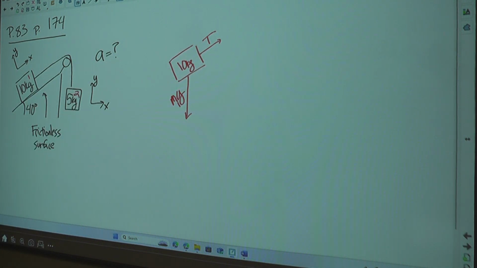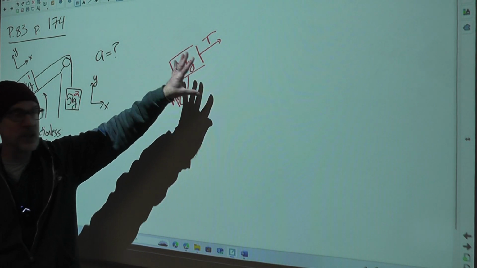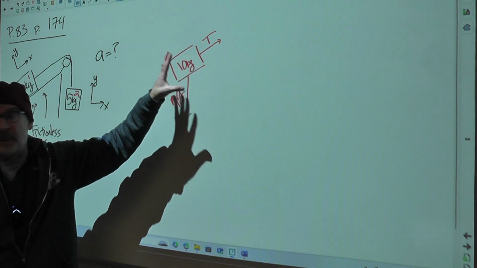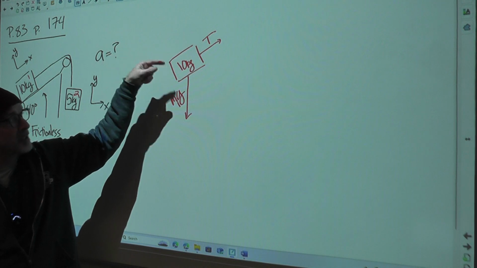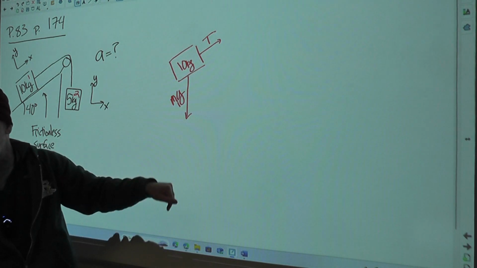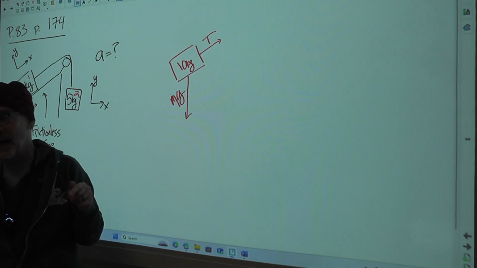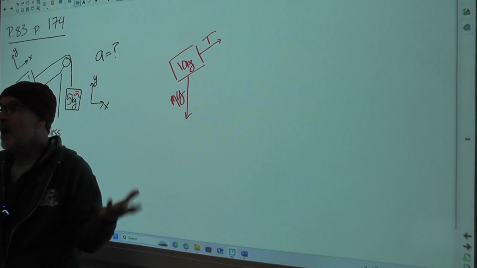And there is going to be a normal force. How do we know there's going to be a normal force? Same way we knew there was going to be one before. In this case, the way these two forces are arrayed, there is no way that this object can possibly not accelerate in the direction of the ramp at some level. And it's not doing that.